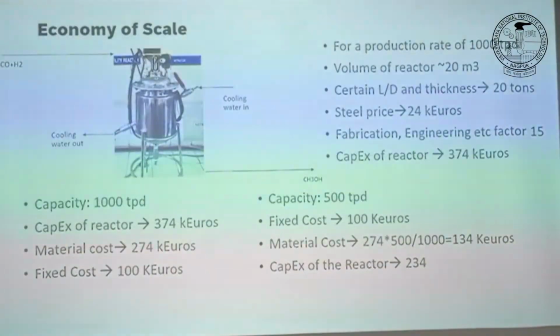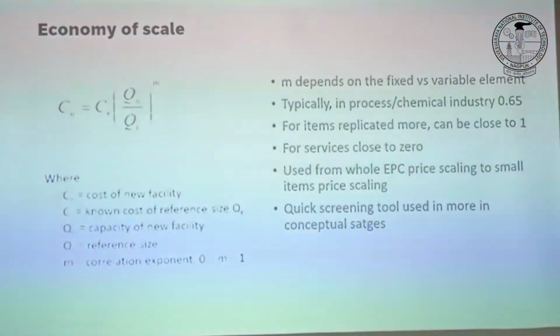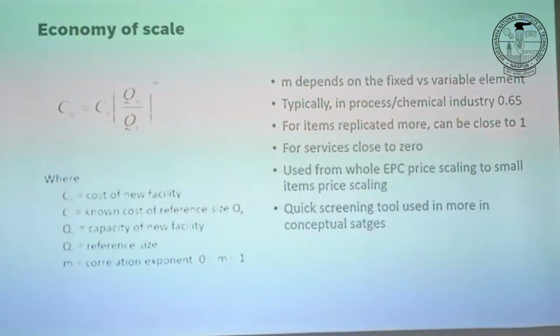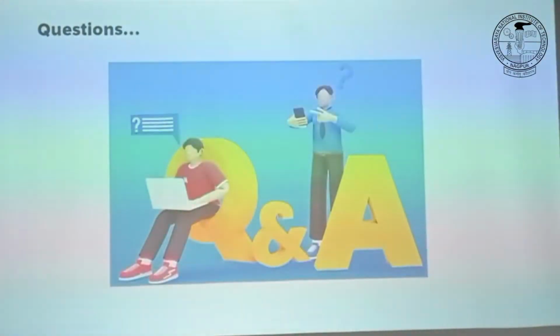So this method works well for closer capacity. Like if you know some data for 1,000, you can go for 500 or 1,500. But if you want to do something for 10, it's not a good idea. Or something like 10 to the power 6, it's also not a good idea. So this method works well for closer capacity, but not for very high.